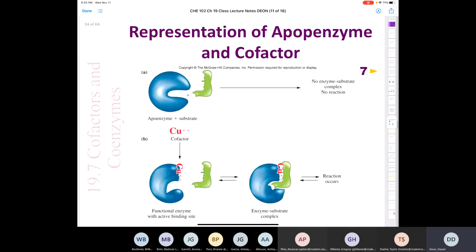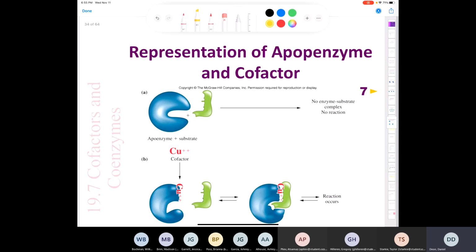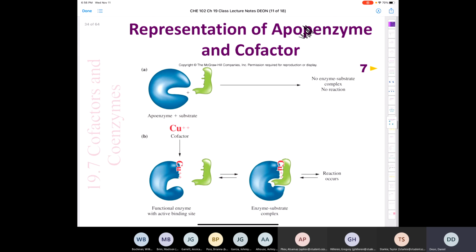So here's a representation of an apoenzyme and a cofactor. It's not an "apop enzyme." I just noticed there's a typo here. Let me scratch that out. Okay, so it's an apoenzyme. Anyhow, here's the representation of an apoenzyme and a cofactor.